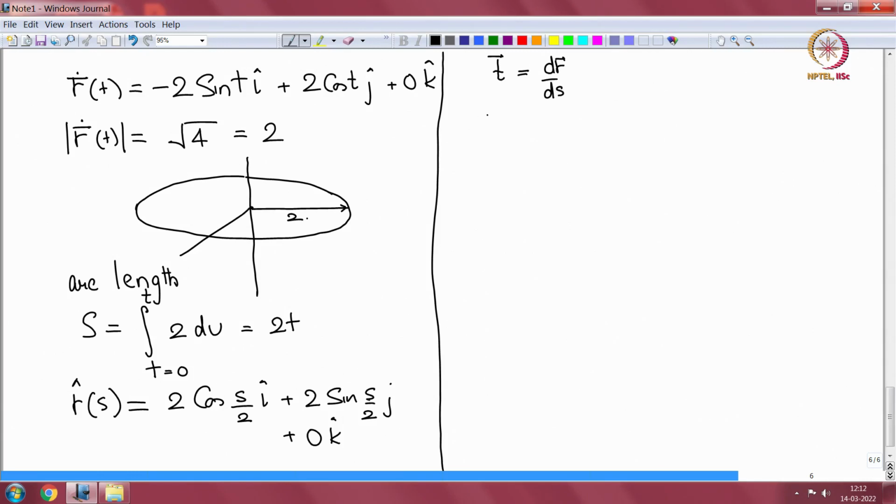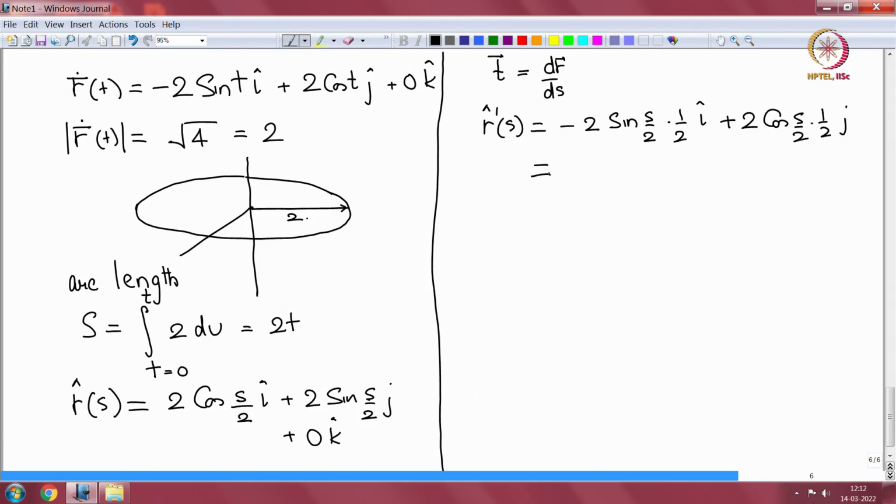If we compute dr/ds, which is r hat dash of s, that is equal to minus 2 sin(s/2) into half i plus 2 cos(s/2) into half j.